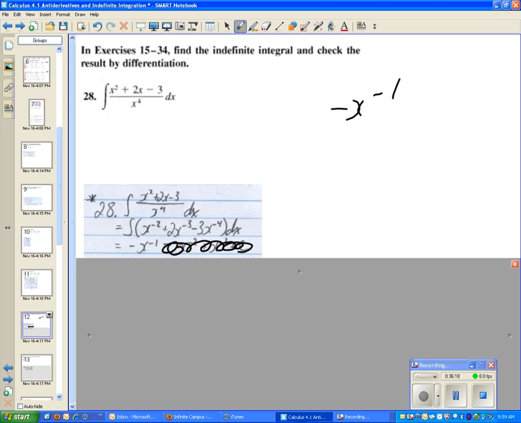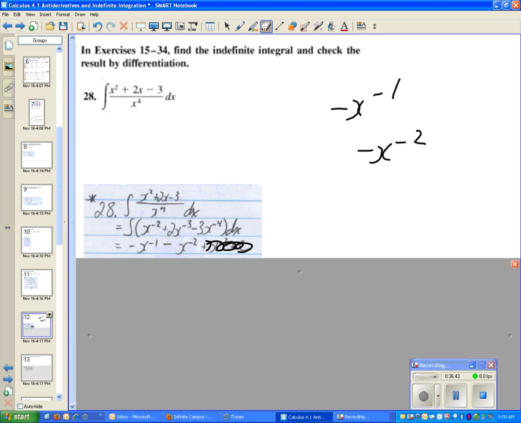What's the antiderivative of 2x to the negative 3? It's that exponent you got to get negative. Add 1 to the exponent, makes it a negative 2. Now divide your coefficient by that new exponent. What's 2 divided by negative 2?